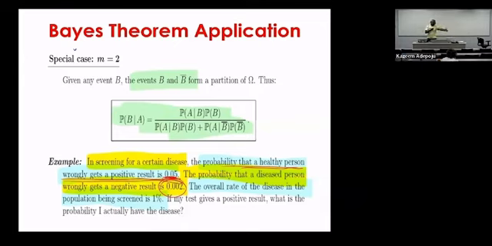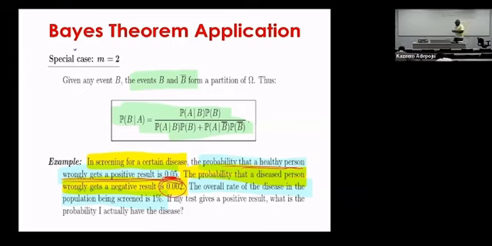What you need to do first: the sample space is partitioned into two. It said if my test gave a positive result. When I say positive result, let A represent the event of positive result, and A bar, negative result.